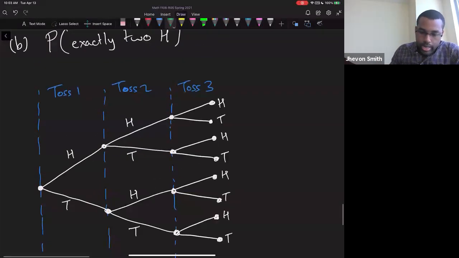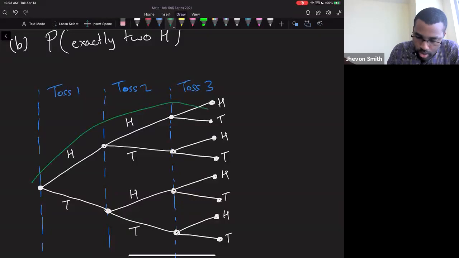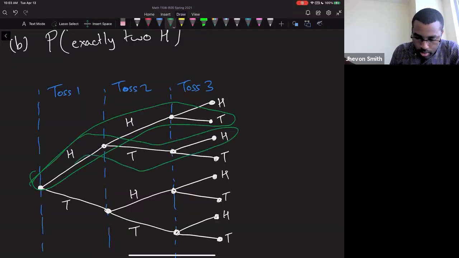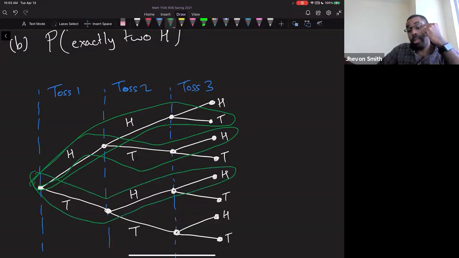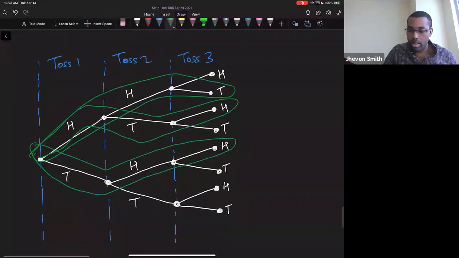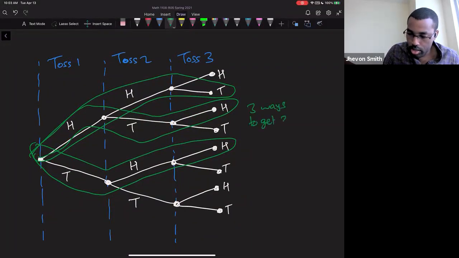I can get the 2 heads right up front and then choose a tail. I can get a head, a tail, then a head. I can get a tail, then 2 heads. And that's pretty much the only way. We notice that getting 2 heads is the same as getting 1 tail. So 3 ways to get 2 H.